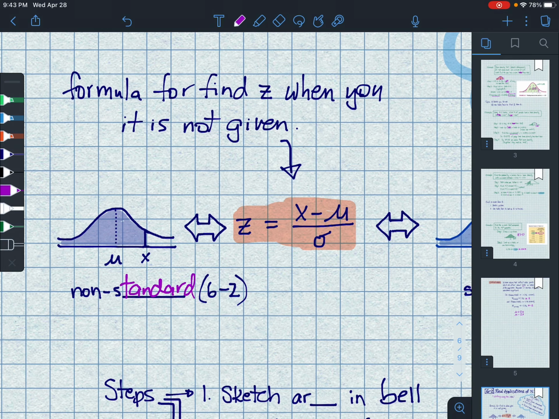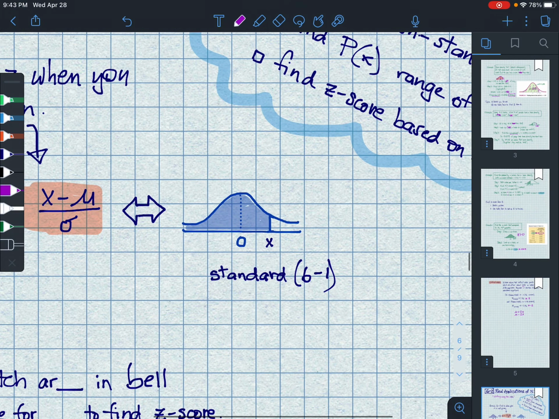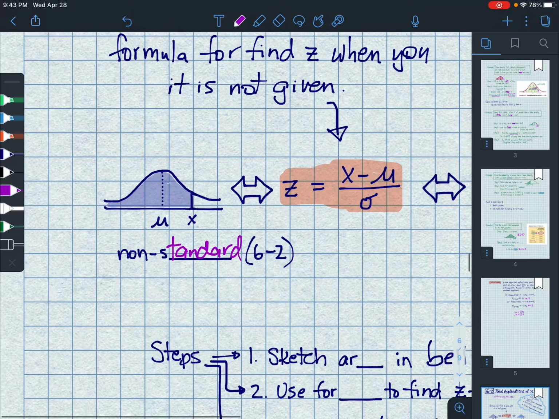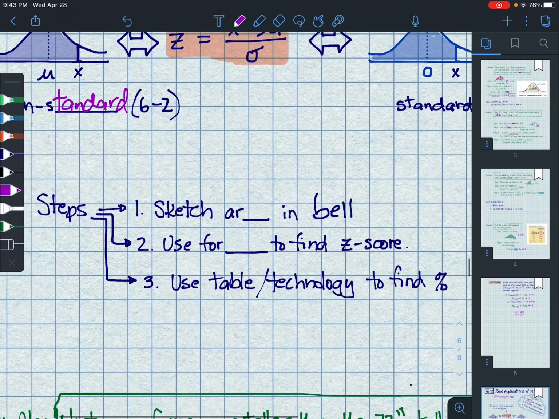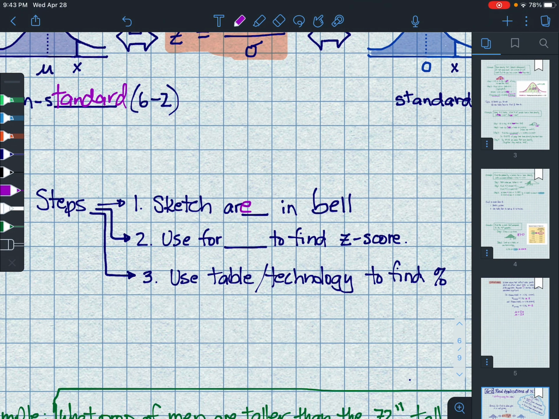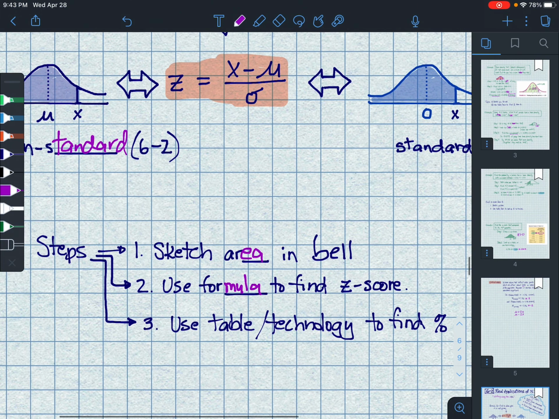Here is our non-standard 6.2 graph. And here is our standard graph, with 0 in the middle, and then some value you're looking for, x, and the area. The basic ideas are, number 1, always start off with a little sketch of the area. Number 2, use the formula, whichever way you're going, left or right.